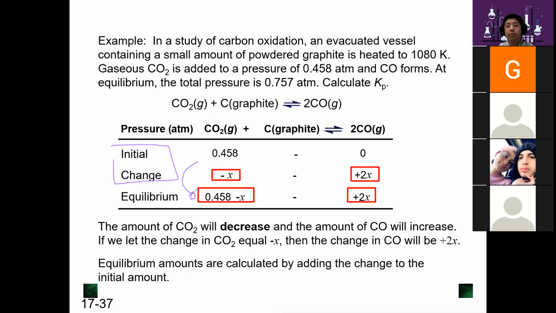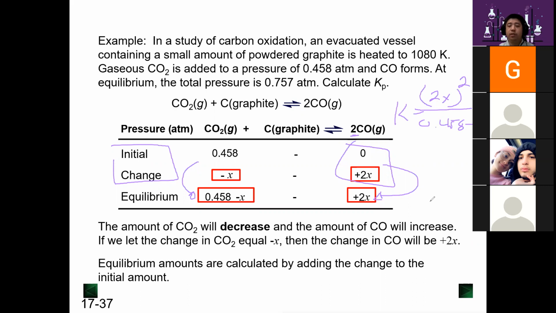That becomes my equilibrium expression. That's always going to be the case. These two are added together, so 0.458 minus x becomes the entire equation. When I write my equilibrium expression in terms of K, this would be 2x on top, and because of the 2, it is squared, over 0.458 minus x, your products over reactants.